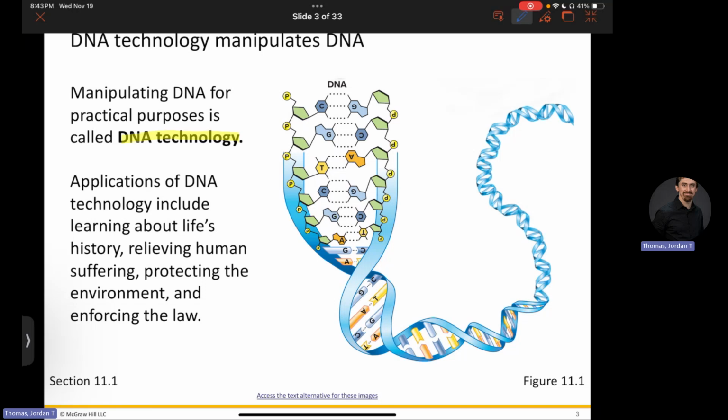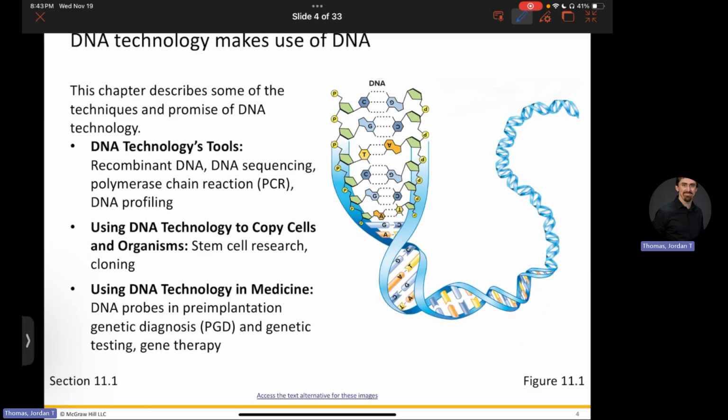So DNA can be used to learn about life's history, to learn about evolution. It can be used to relieve human suffering, treat diseases, protect the environment, see how different toxins and other things impact the environment, and overall for law enforcement, or getting DNA samples at crime scenes.